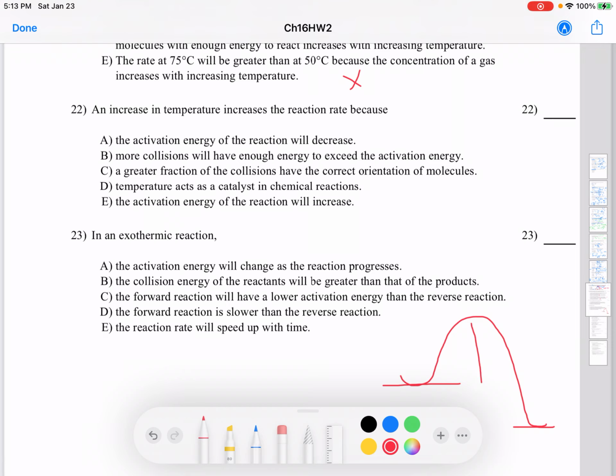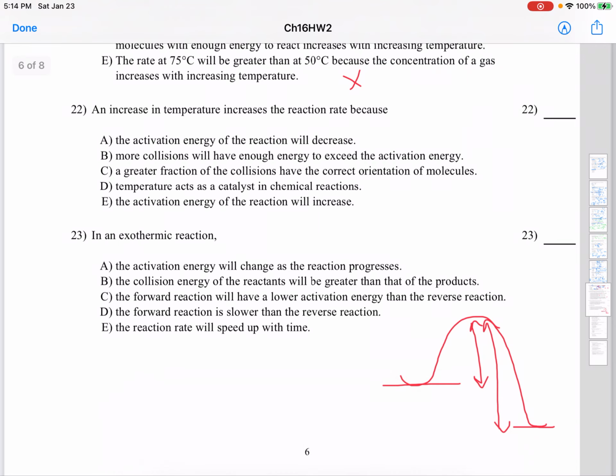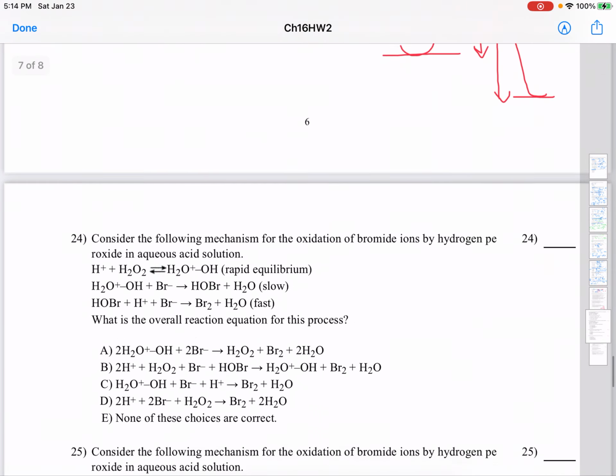This is the activation energy for the forward reaction. This is the activation energy for the reverse reaction. So the forward reaction having a lower activation energy than the reverse reaction is the correct answer. C is the correct answer for that.